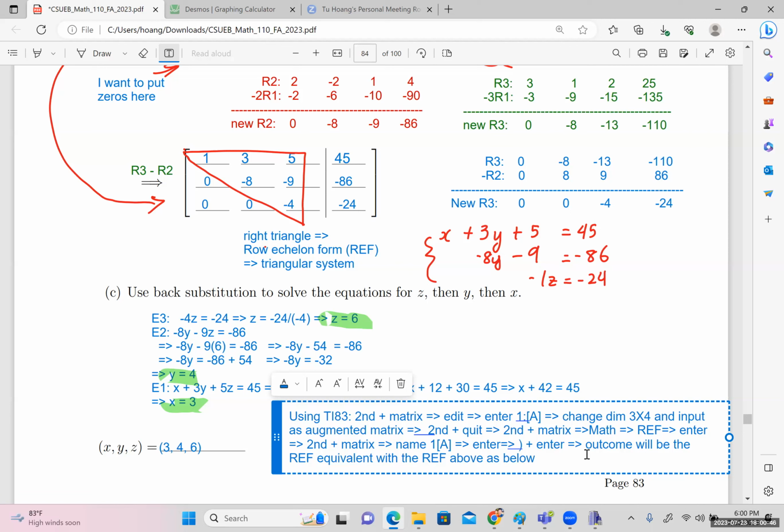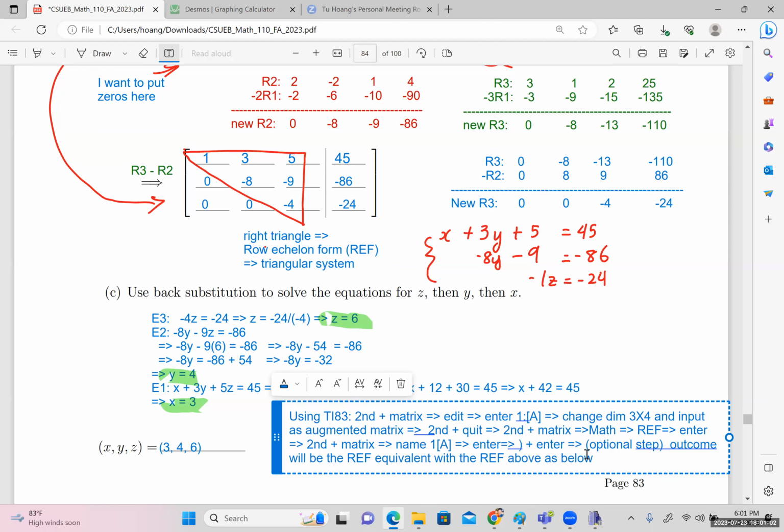We may need an optional step, which is to change it to fraction form.